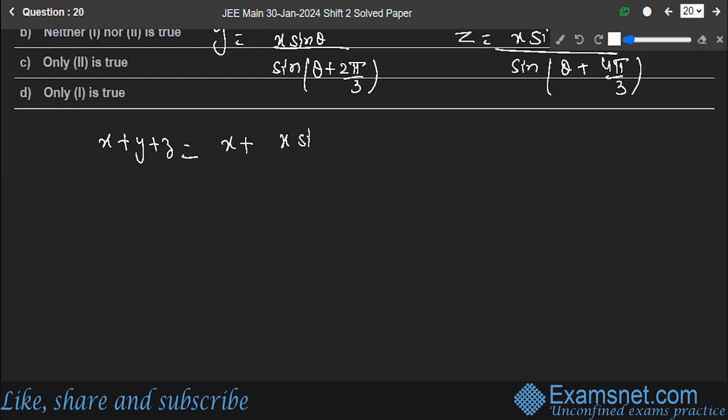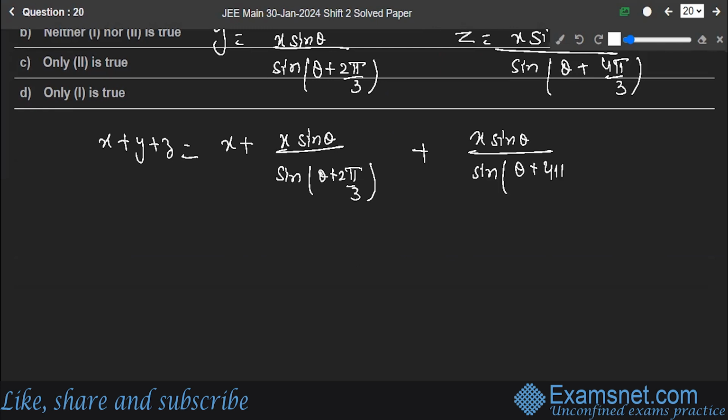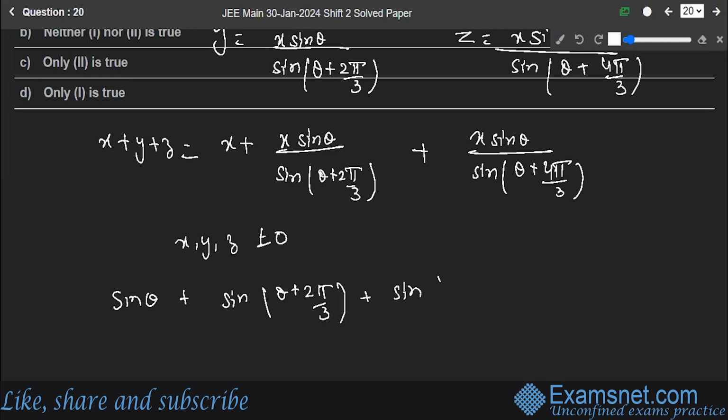This will give me x plus this plus this, and x, y, z are not equal to 0. Also, sine theta plus sine (theta plus 2 pi by 3) plus sine (theta plus 4 pi by 3) is equal to 0 for all theta belonging to the real numbers.